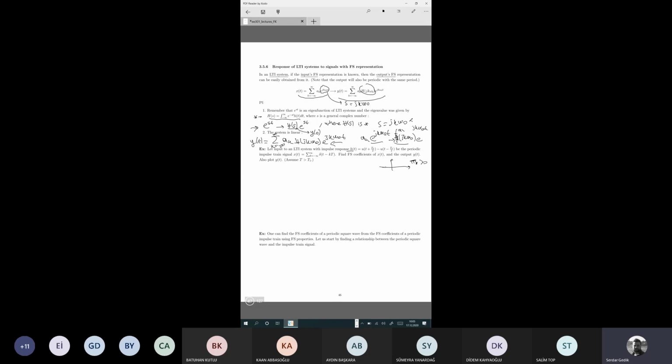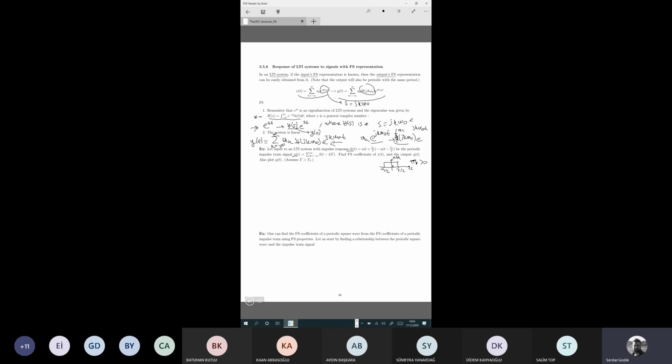Then this is your h(t): this is T1 over 2, this is minus T1 over 2, and this is 1. This is the origin and this is t. So h(t) is simple: it is 1 when t is from minus T1 over 2 up to T1 over 2.